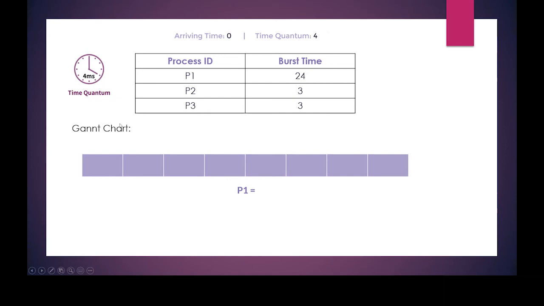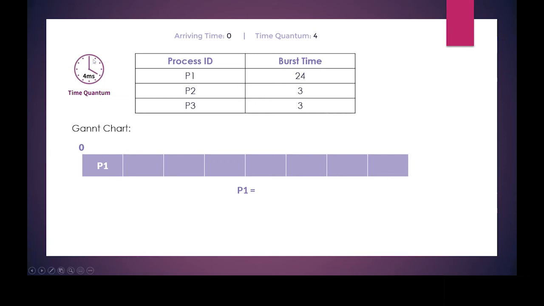For our first process, P1 will get the CPU at 0 milliseconds. So P1 will have to execute 24 milliseconds. Why 24? Because our burst time for P1 is set as 24 milliseconds. The question is, will it be allowed to execute for 24 milliseconds?